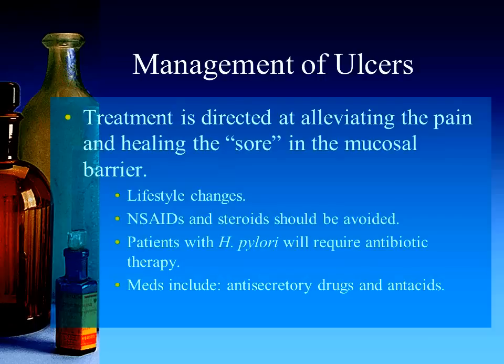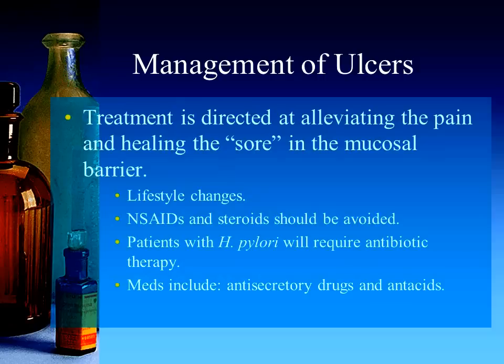Now, if a patient has H. pylori, then they need to have an antibiotic. We treat a bacteria with an antibiotic, in addition to these other conventional things that we talked about doing. A single antibiotic is not recommended because there's a high instance of bacterial resistance with this.